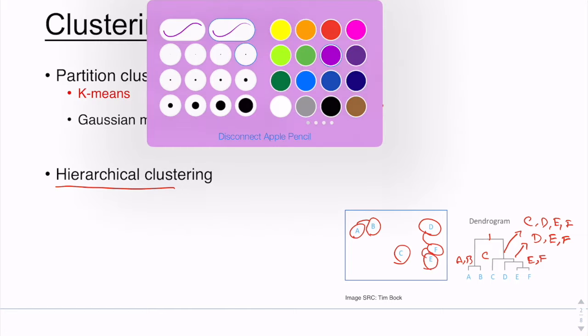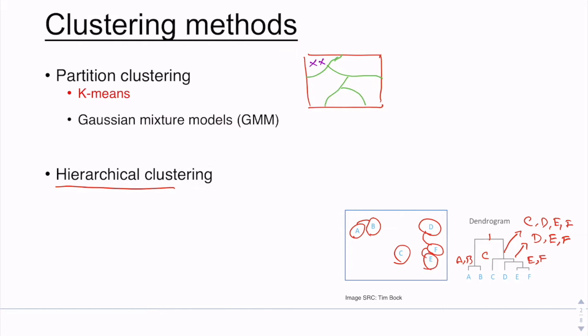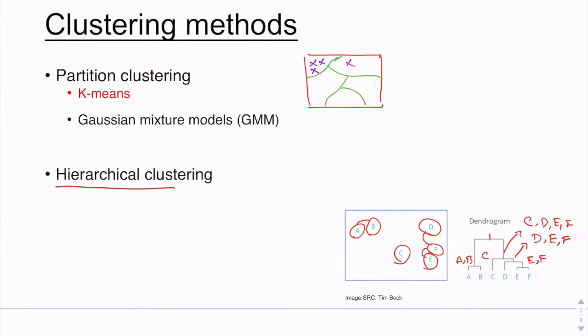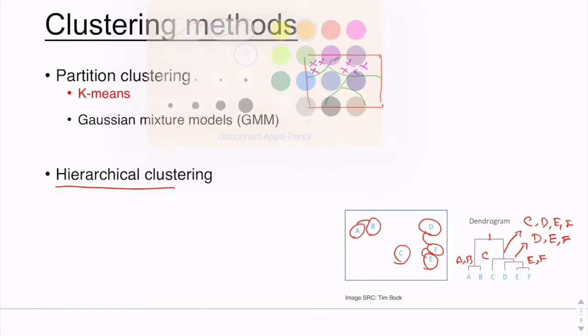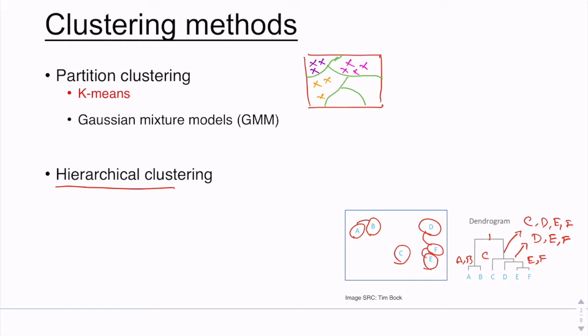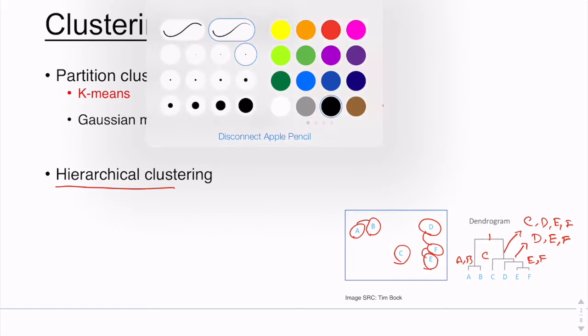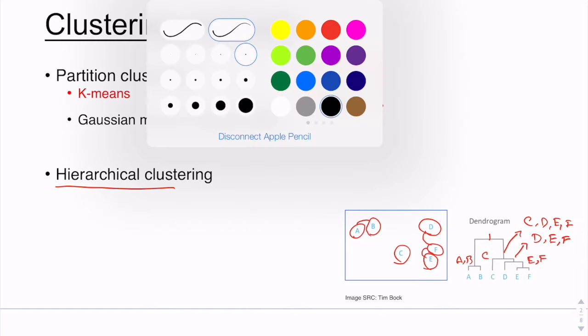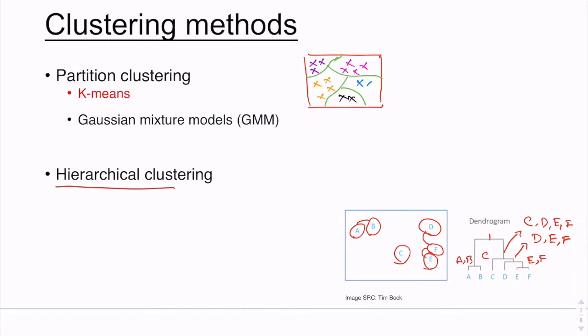So let's say these samples go to this cluster or partition, these samples go to this partition, these samples go to this partition, and then this sample goes to this partition, and then these samples go to this partition.